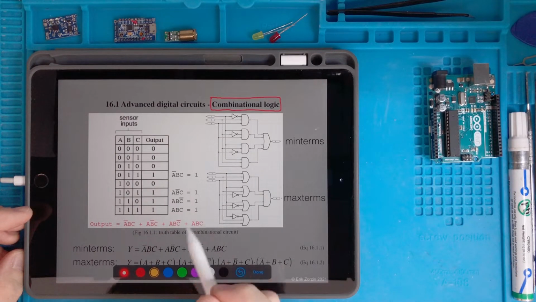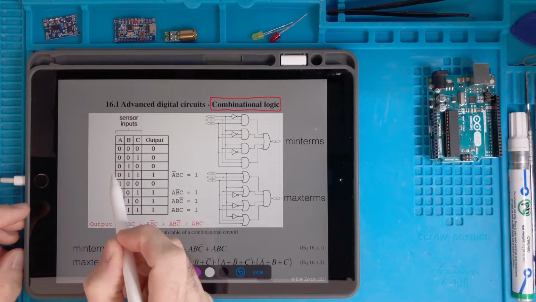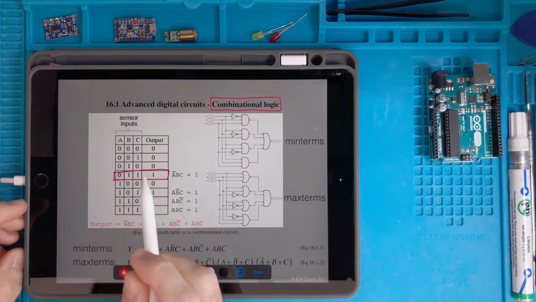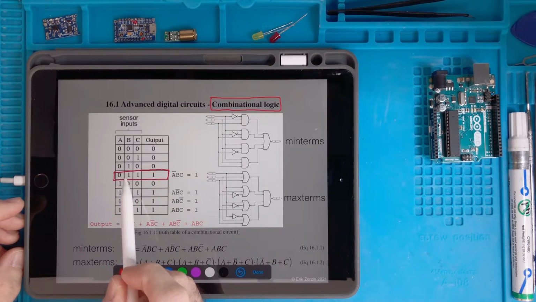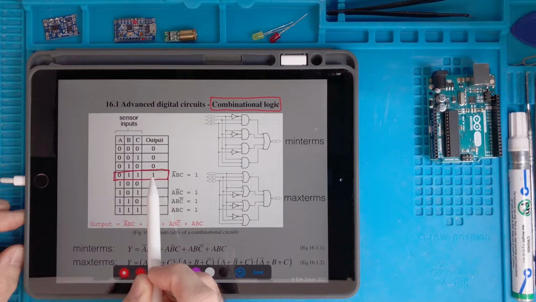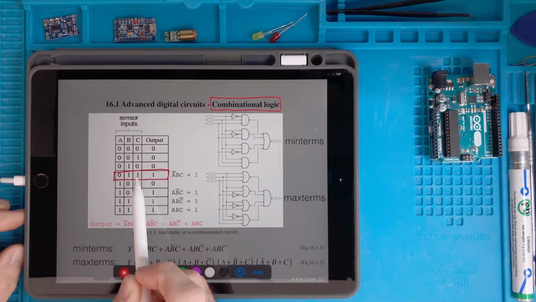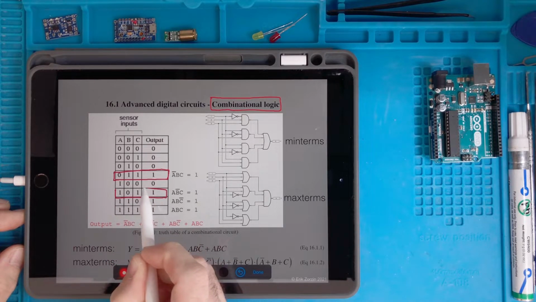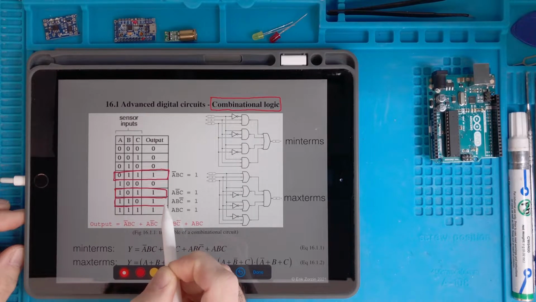So here we see that if we look at the rows of this table, in this case this pattern at the input is producing a 1. So this pattern is valid for us to make a 1, or this pattern is valid, or this pattern is valid, or this pattern is valid.